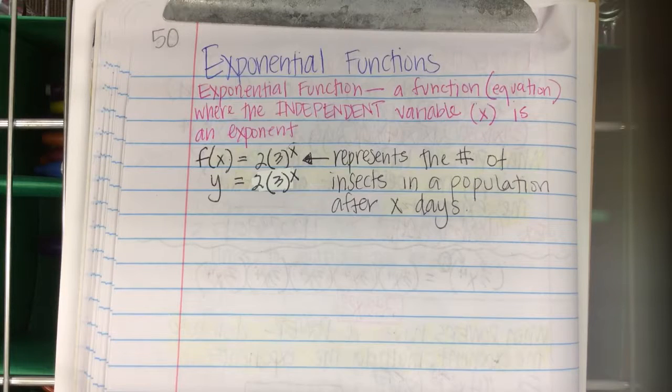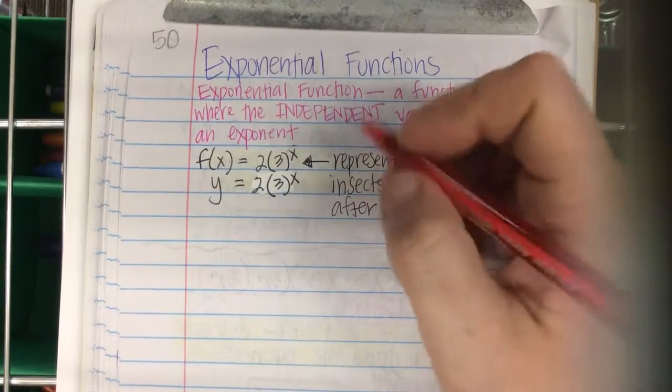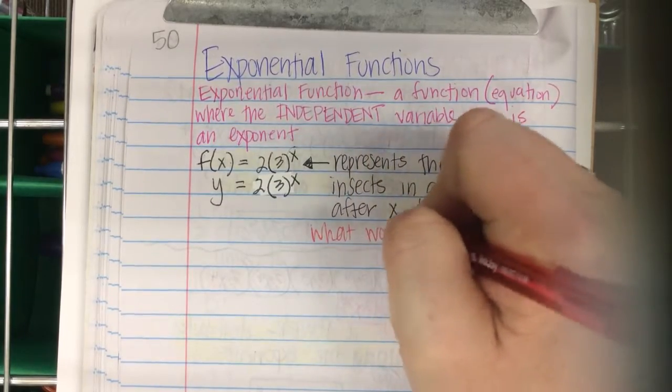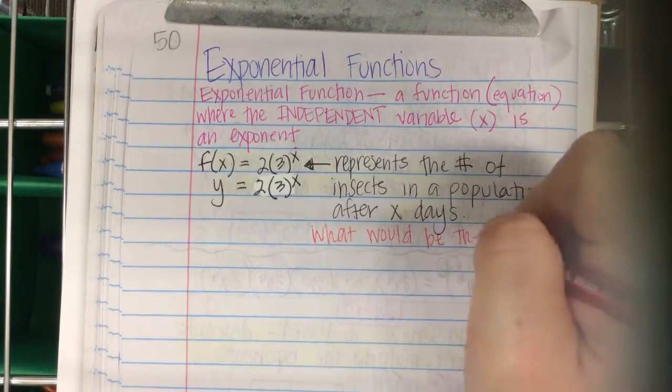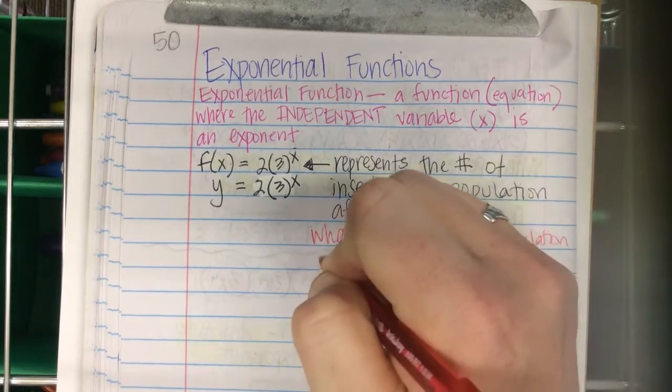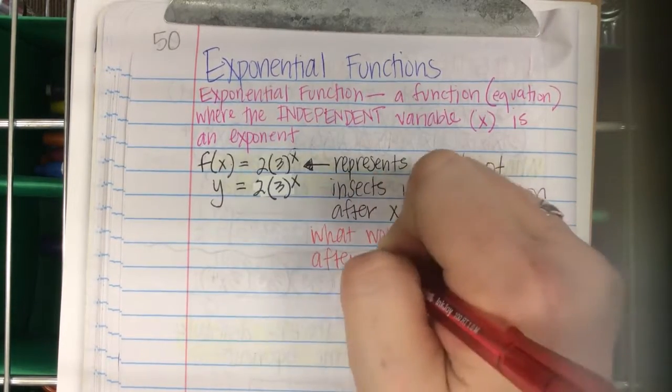So if you were doing in science class an experiment, fruit flies are used quite a bit. If you were experimenting with fruit flies, can you tell me what would be the population after 5 days?